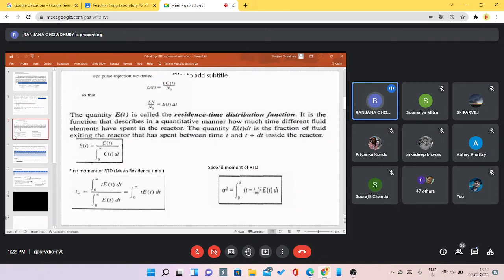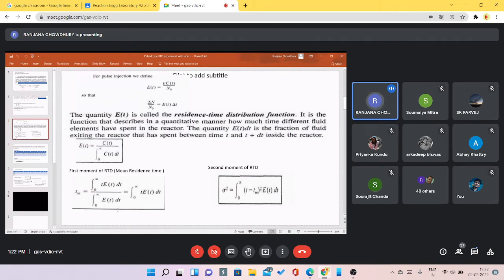Now you know that there are some moments of the RTD. So the first moment of RTD is nothing but the mean residence time, so it is nothing but t_m. This is the integral of t E(t) dt in the limit 0 to infinity divided by the integral of E(t) dt in the limit 0 to infinity.